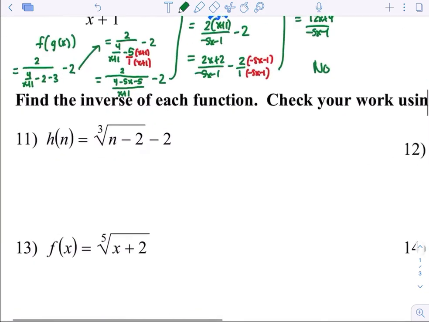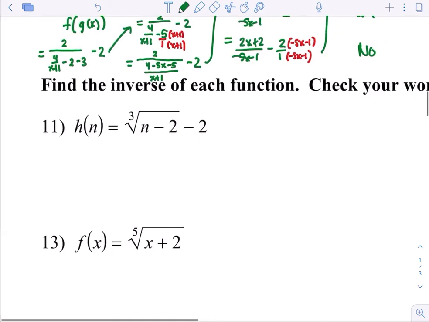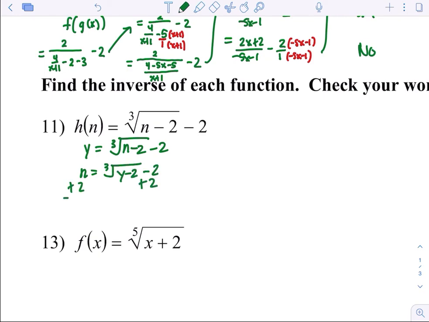Alright, now just finding your guys' inverses from here. So this is going to be a y. You switch them. Now you solve for y. So add 2 to both sides.